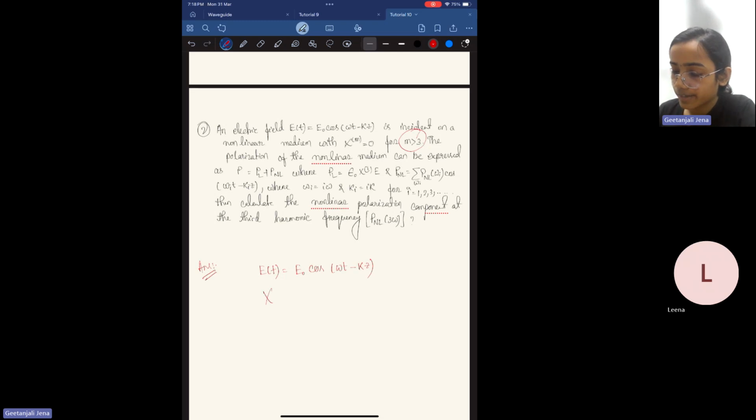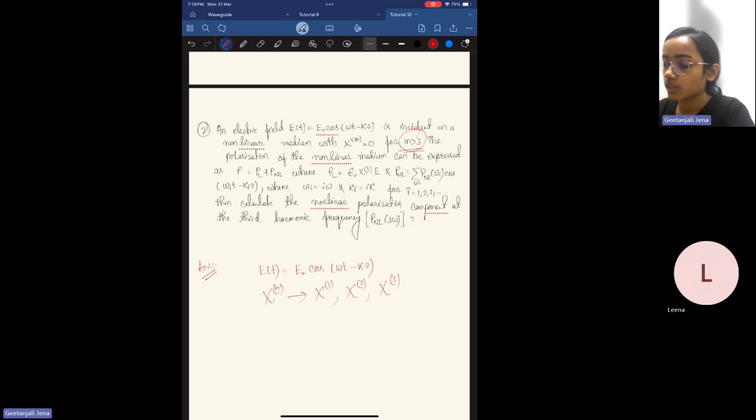So that means chi m is non-zero only when m is 1, 2, or 3, and otherwise it is 0.